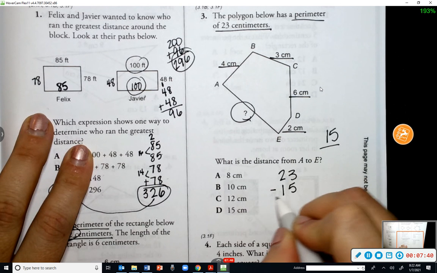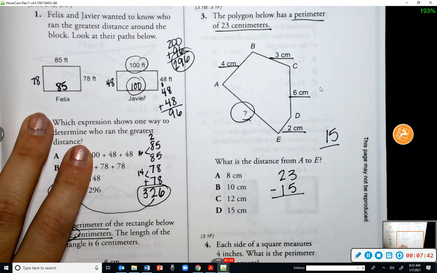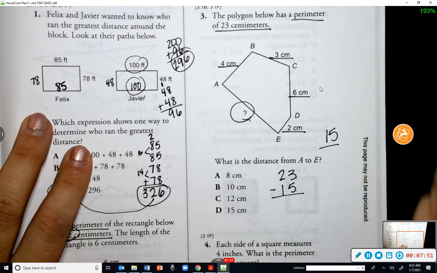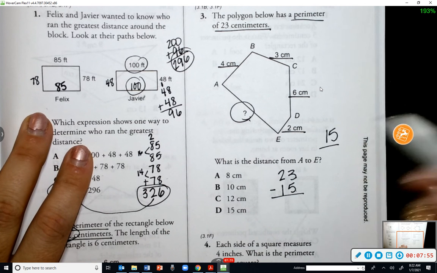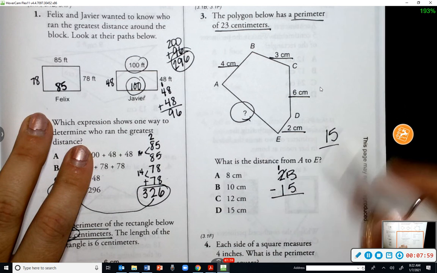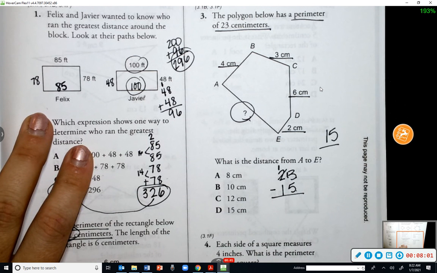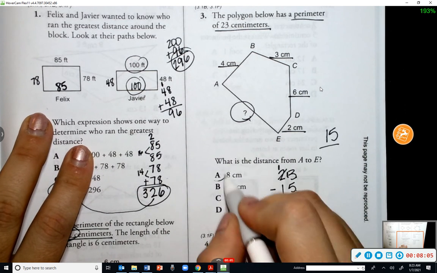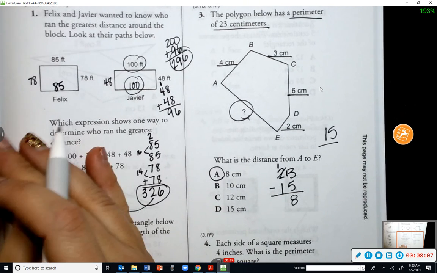The perimeter was 23, and we subtract 15. 3 minus 5. Can I do that? No. So I need to go next door. 3 becomes 13. 13 minus 5? 8. Good. So A was the correct answer.